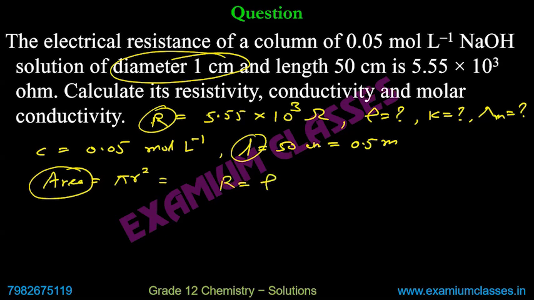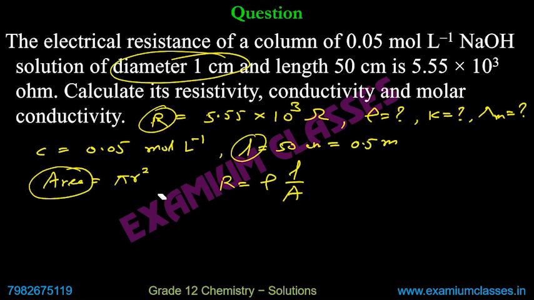R is equal to rho L by A. You know everything. Make sure that you use the same units. Here, R should be in meters. So diameter is 1 centimeter. Radius will be 0.5 centimeter. 0.5 centimeter, you have to convert it into meter.